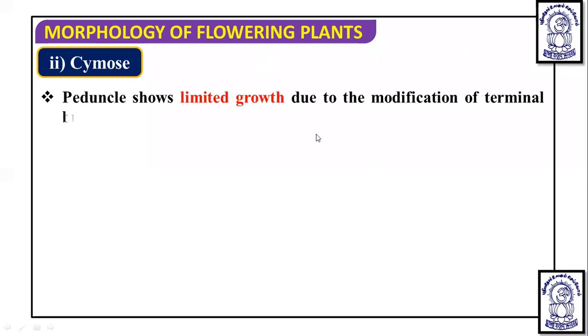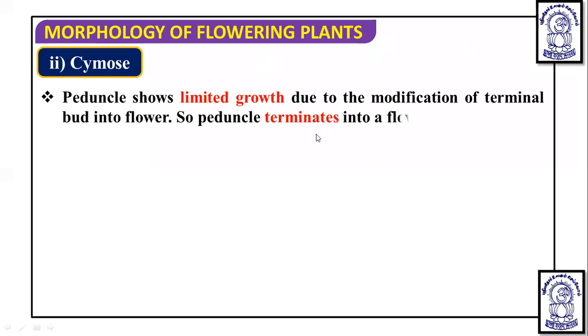But now, after this, the second type of inflorescence which we study here is cymose. So let's talk about the cymose inflorescence. Now in this, what happens? The peduncle shows limited growth. Why?